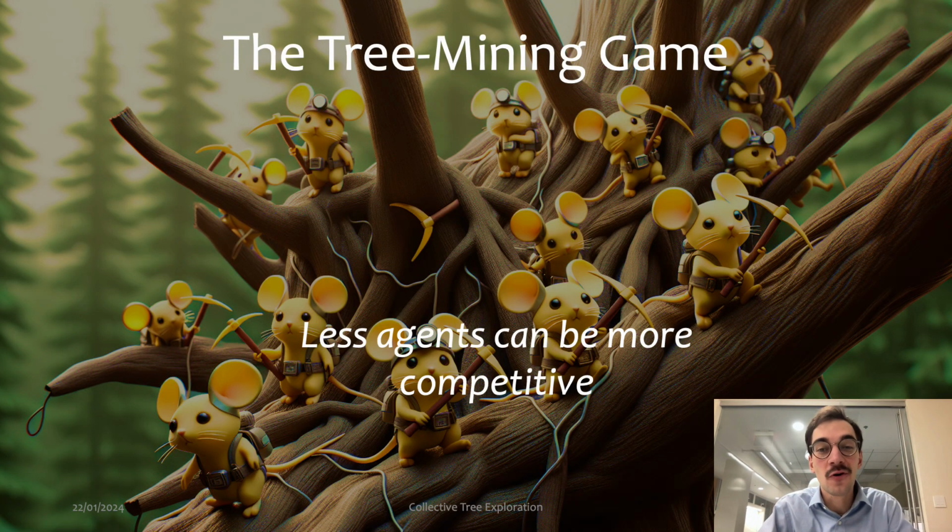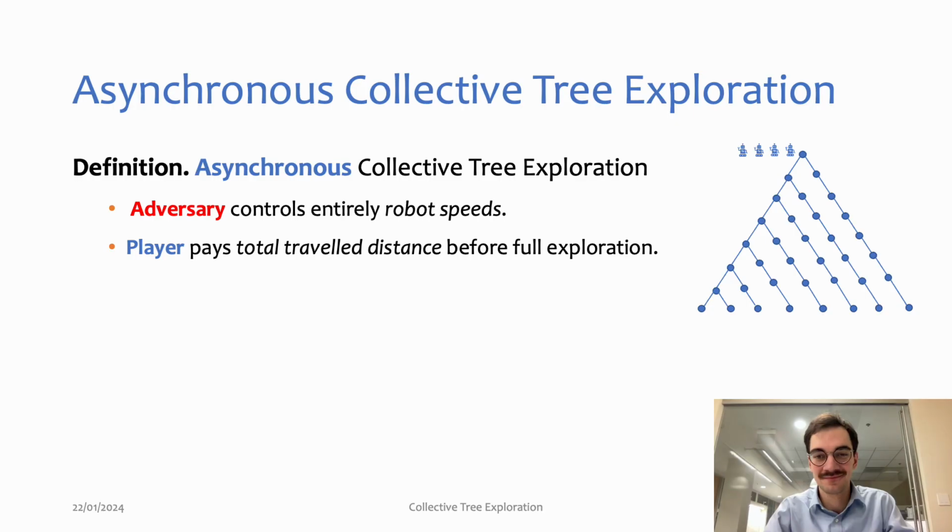Now let me say a few words about the techniques that we use, and particularly the tree mining game. The first thing is that we consider asynchronous collective tree exploration, which is a generalization of collective tree exploration. In this setting, the adversary controls at all times the speed of each of the robots, and the player pays for the total distance that was traveled by the team collectively.